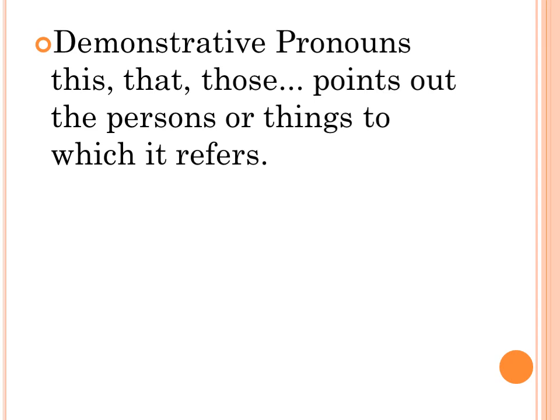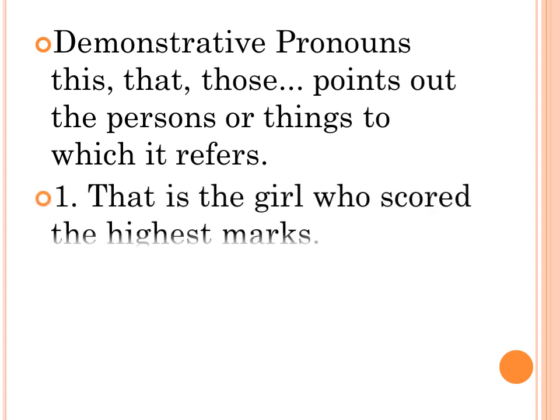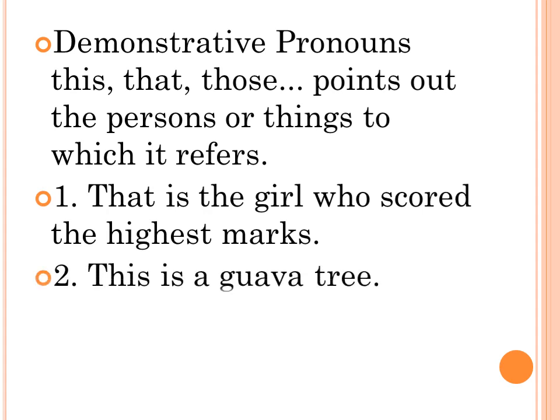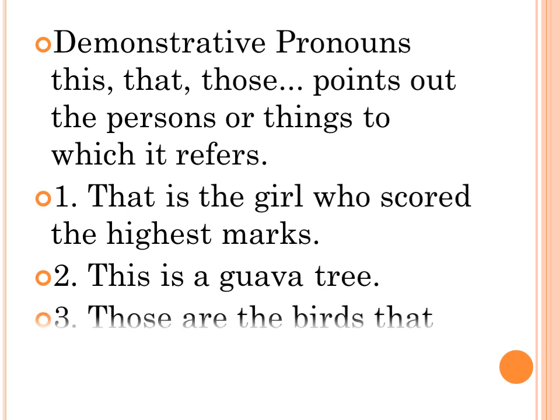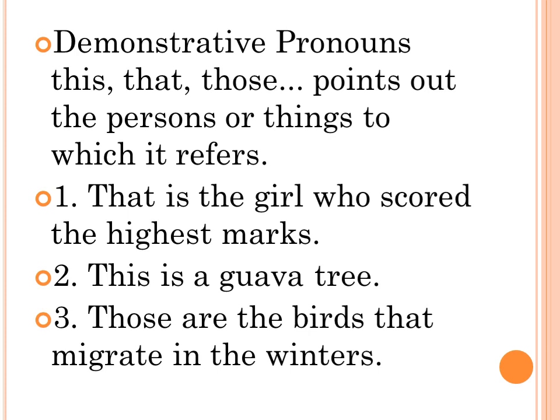Let's understand this with these sentences. Demonstrative pronouns like this, that, these, those point out the persons or things. That is the girl who scored the highest marks. This is a guava tree. Those are the birds that migrate in the winters.